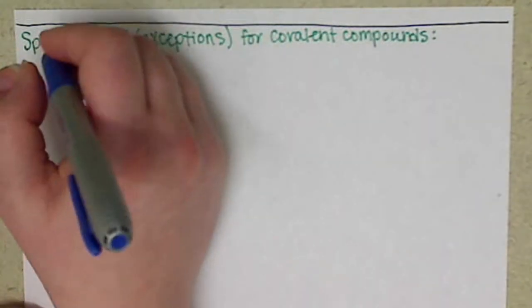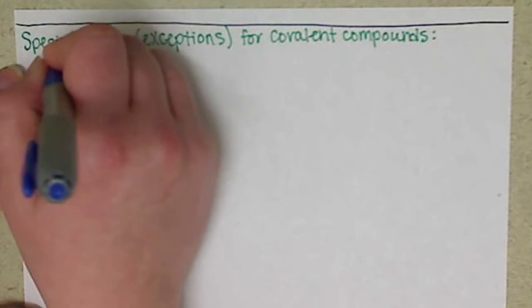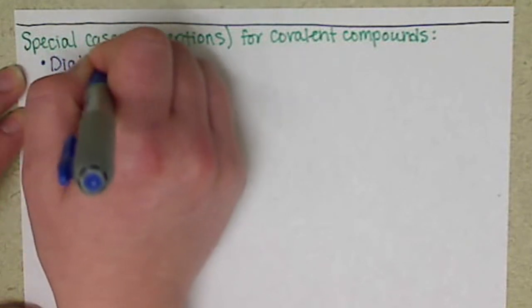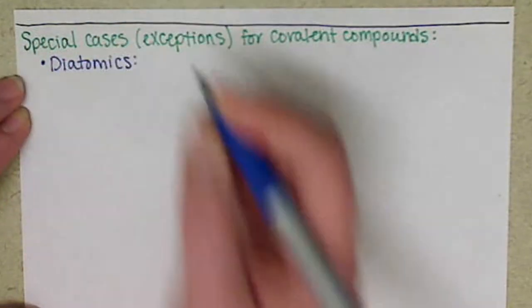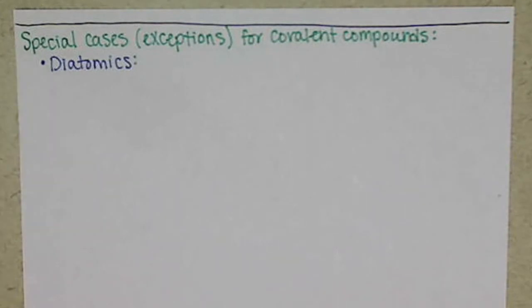In the first case, we are looking at diatomics. These are elements that, when they are by themselves, when they're found in their most natural state, actually form molecules. So they're paired up with another atom of themselves.